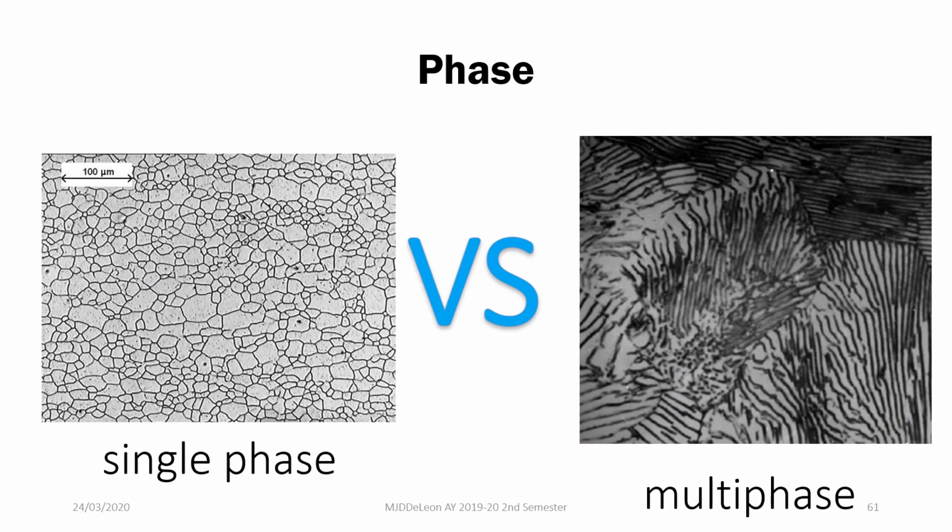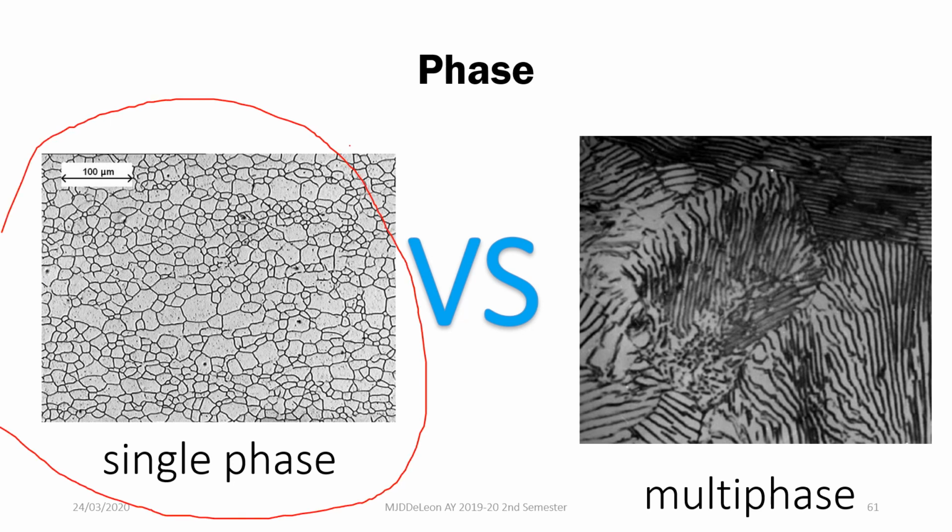So for your materials, for your solids, pwede siya maging single phase or multi-phase material. Pag single phase, isang type of phase lang or isang type of crystal structure lang makita natin. So like dito na sa kaliwa, isang phase lang siya. Dito naman sa kabila, makita natin meron kang dalawang kulay, meron kang itim at puti.